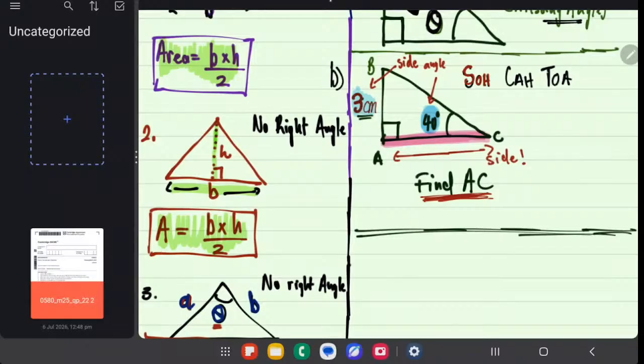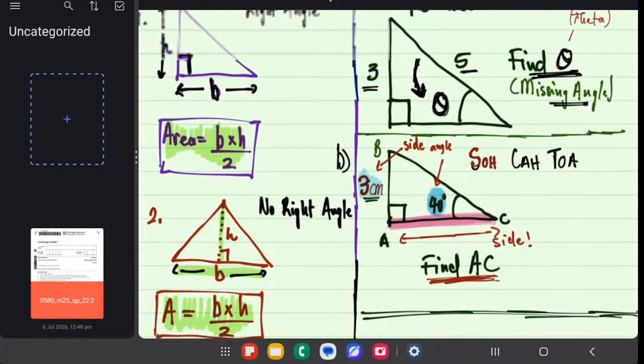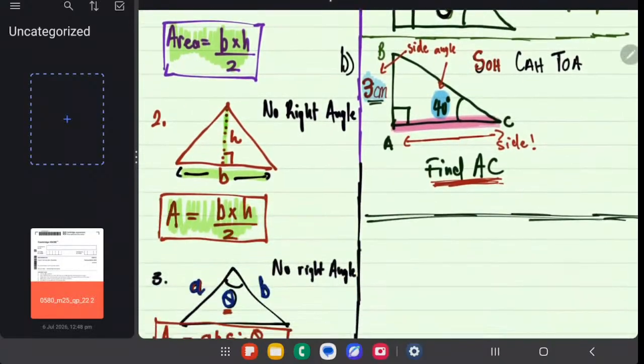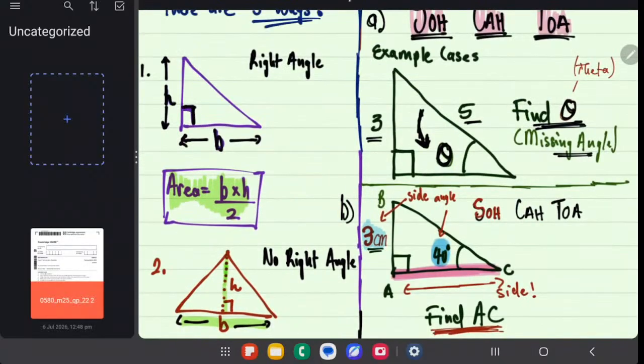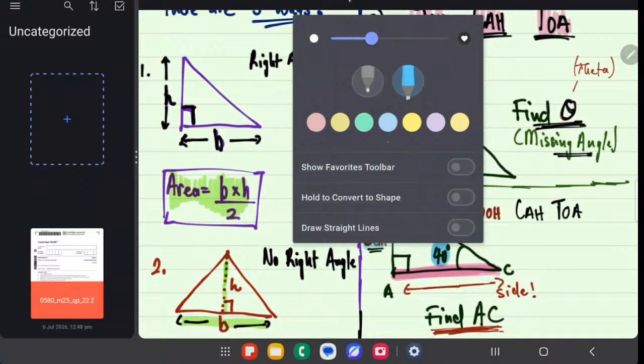Right. So let's agree. I don't want to come back and say this again. What I'm showing you here are situations that you will meet in your exam. I want you to repeat after me, then I'll move on.